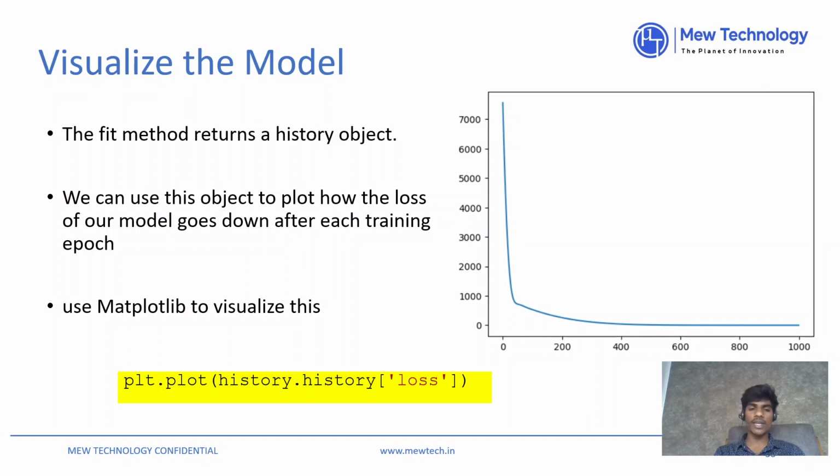How do we plot this? plt.plot of history.loss. I just plot this image. At the zeroth iteration I get about 7,000 loss. In every epoch I reduce my loss. Finally, in the thousandth epoch, I get nearly zero loss.